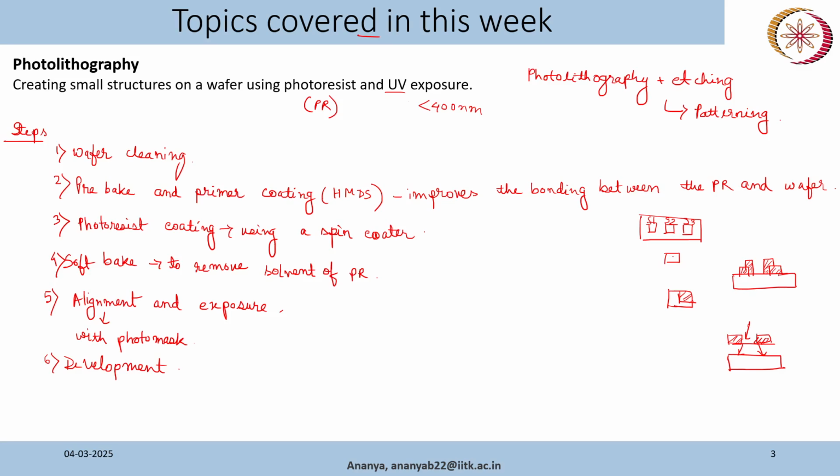And if it is a negative photoresist, the exposed portion will become hard, and the rest of the portion will dissolve in the developer solution, okay. Now for a particular photoresist we have a particular developer. So you can check the data sheet of any photoresist like SU8 to see what the developer is for that particular photoresist. And the last step is hard bake.